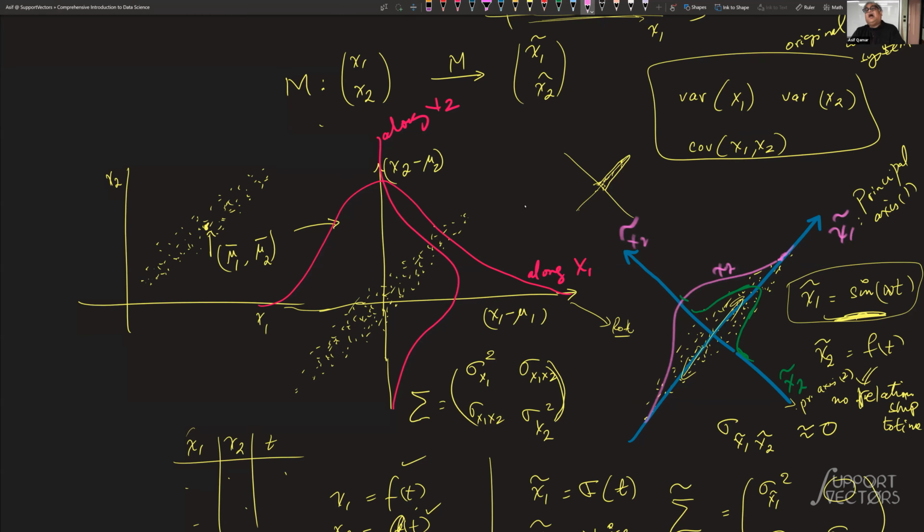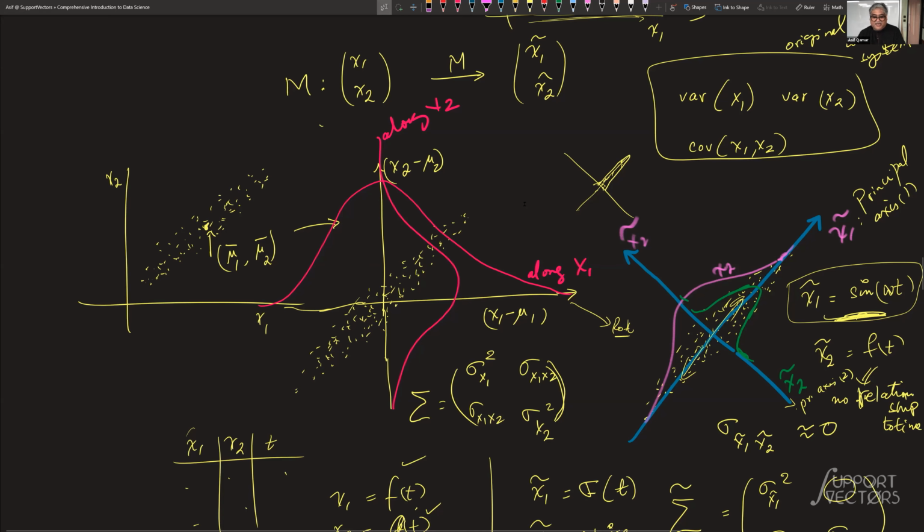The only question is, how do we find these directions? Because if we can find them, we can just ignore x2. We can throw away x2. We can say to the first approximation, it is sufficient to know only x1. x2 is not contributing, it's just adding to the clutter, isn't it? Correct. And that is the intuition.